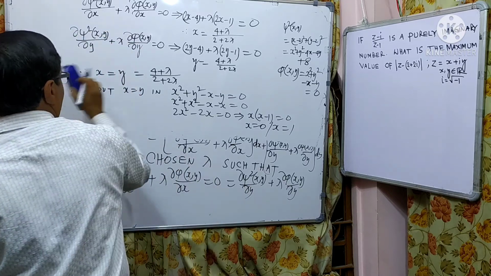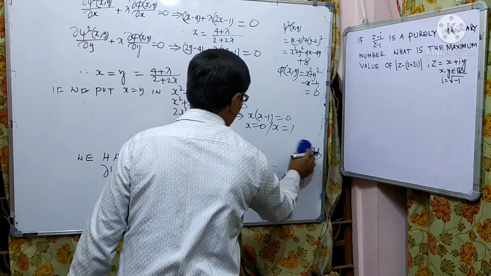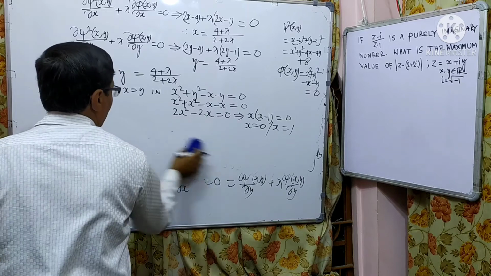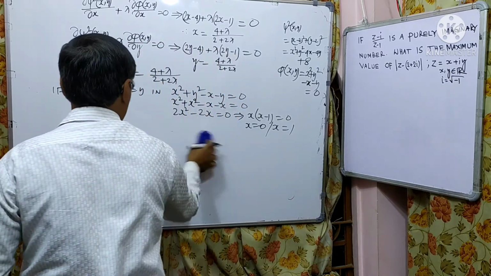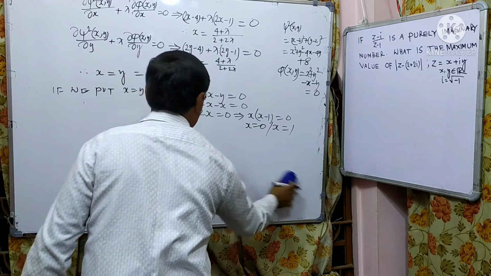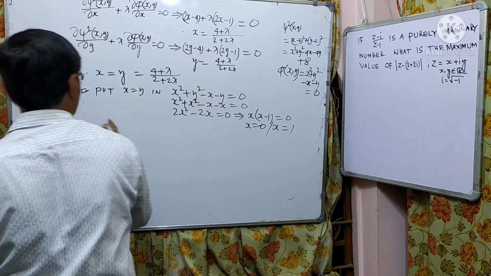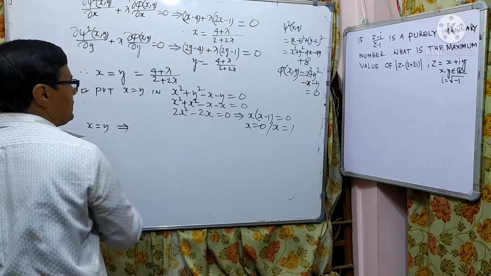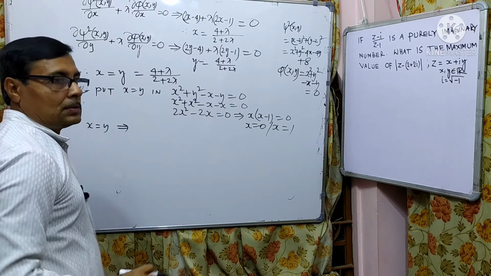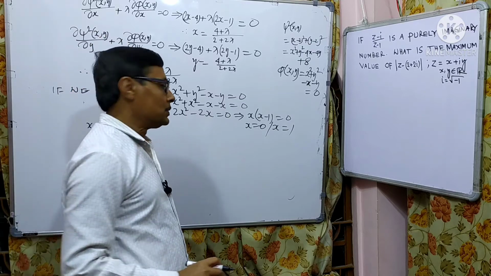As x equal to y, if x equal to 0, then also y equal to 0.